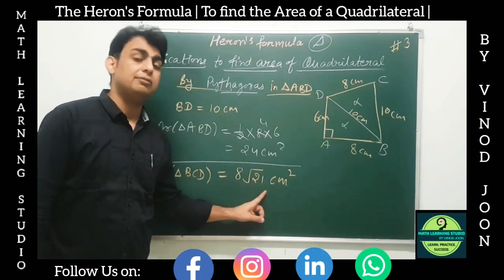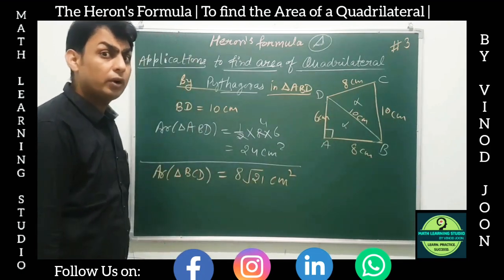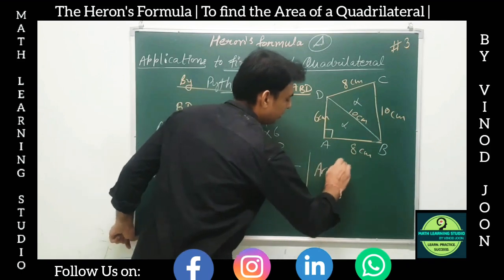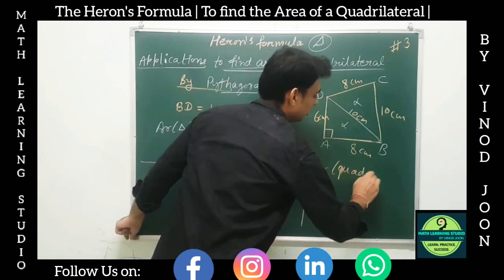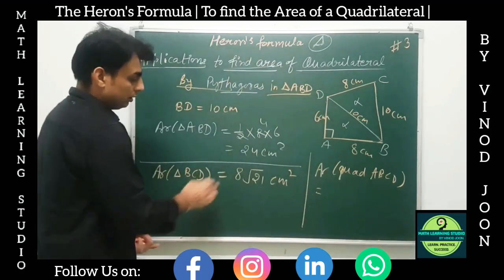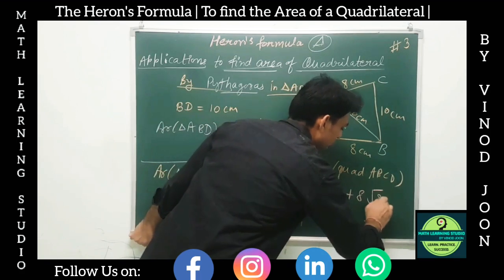So 8 root 21 centimeter square is the area of the second triangle. To find the area of the quadrilateral, we add these two areas. So we'll write area of quadrilateral ABCD is equal to what? 24 plus 8 root 21.